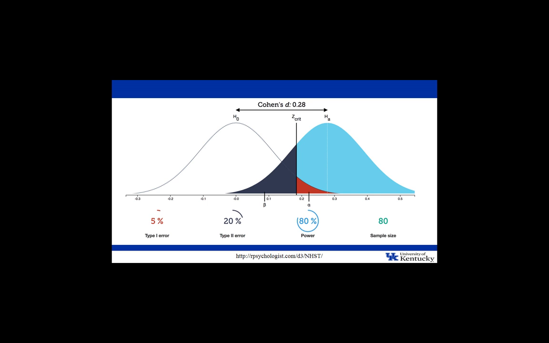Time out, I'm confusing myself. I originally asked about the alternative hypothesis, so we'll stick to that. What's the chance of seeing something bigger than that under the alternative hypothesis? 80%. And under the null? 5%.